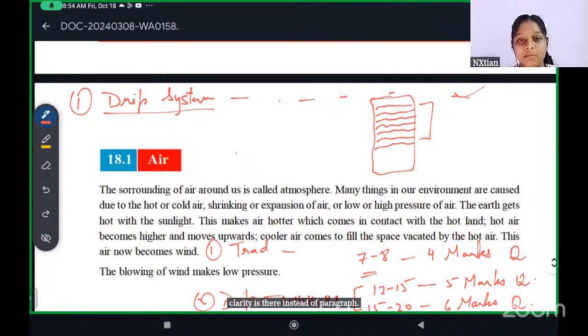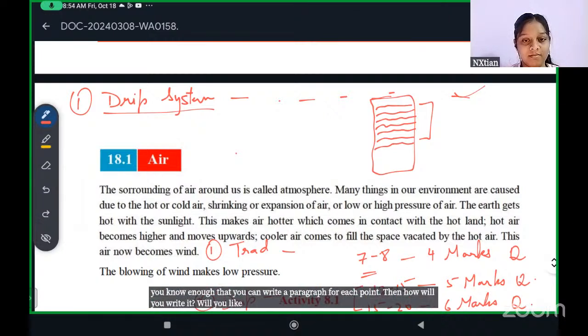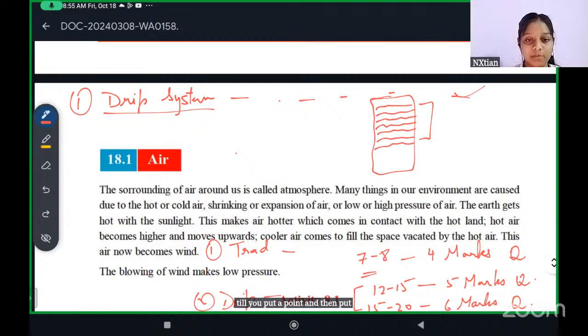Suppose you know enough that you can write a paragraph for each point. Then how will you write it? You put a point and then put pointers under each point. In higher classes, we do that.